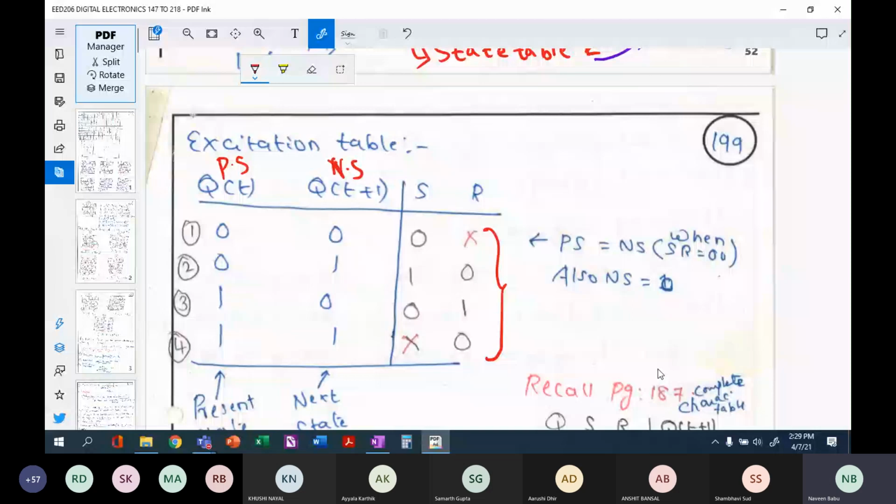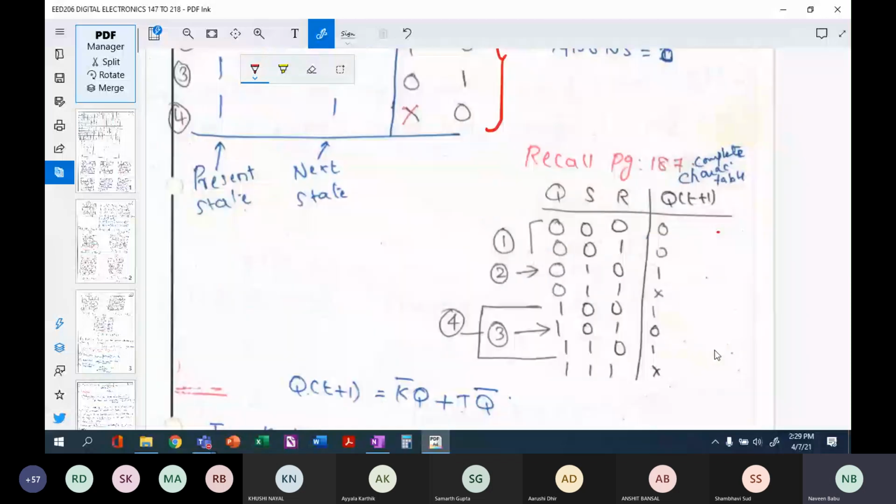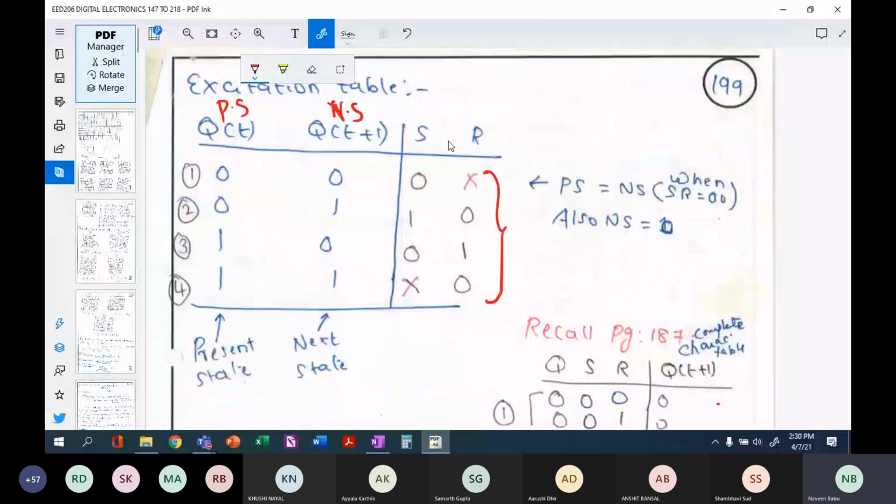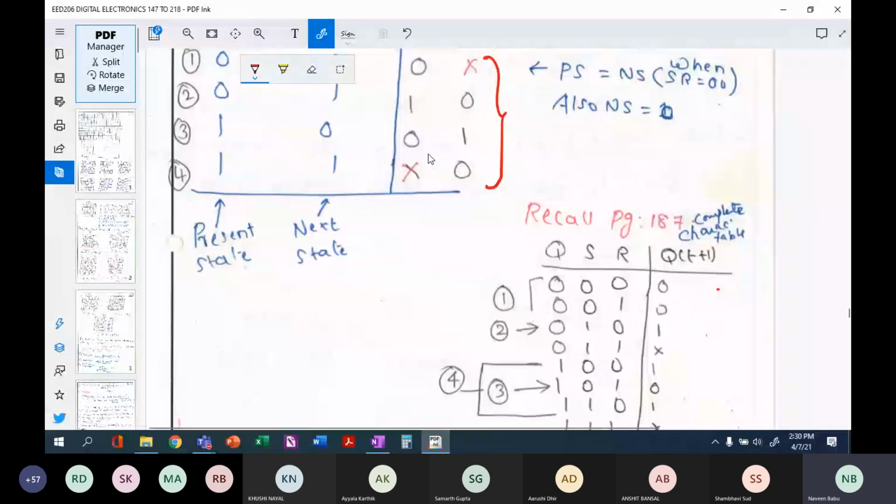Okay. Now for present state 0 and next state 0, you look at how the values of S and R are. Where is q and q of t plus 1, 0 and 0? Q is 0 here, q of t plus 1 is 0. Anywhere else, here there is 0, here also there is 0.